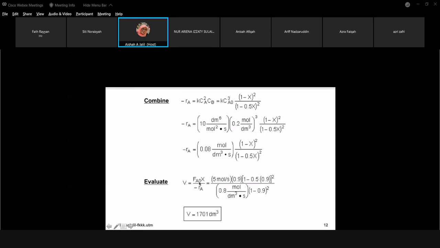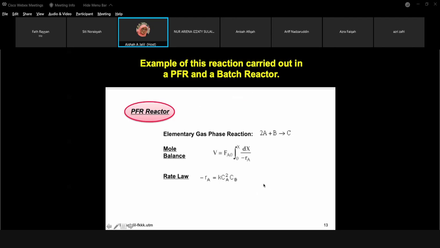Then last, for example, X equals 0.9 or 90% conversion, you can calculate for the CSTR that V is 1701 dm cubed if X is equal to 0.9.